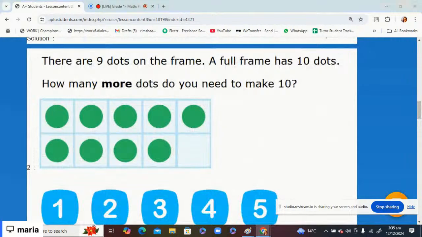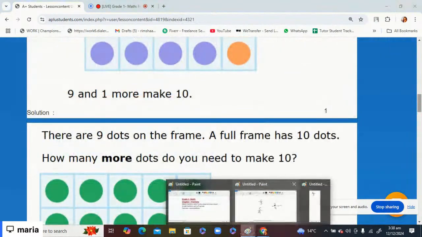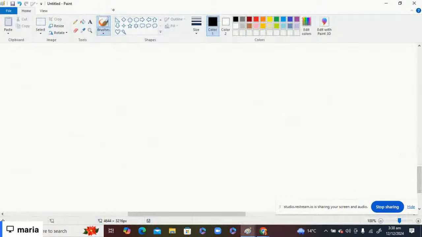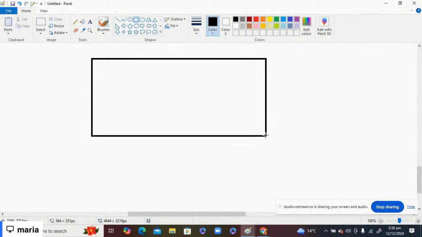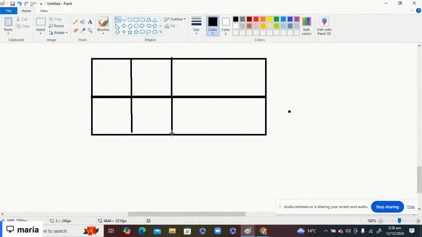Let's suppose, for example, I'm going to draw the frame. So here it's 1, 2, 3, 4, 5, 6, 7, 8, 9, and 10.